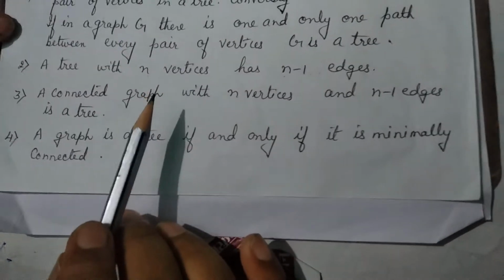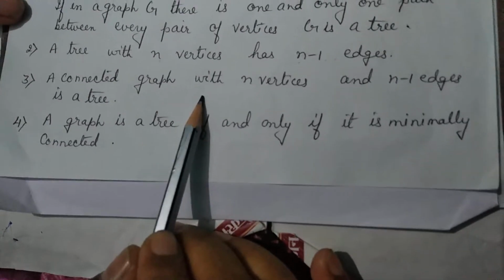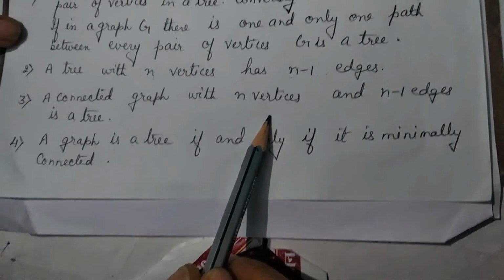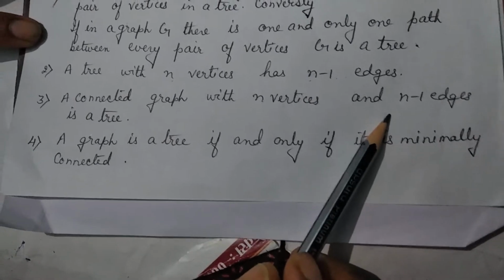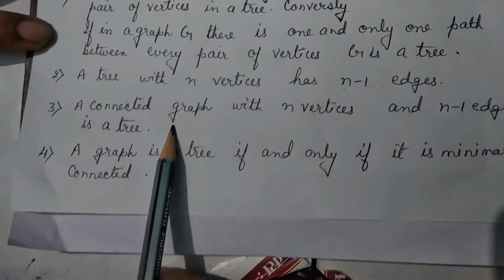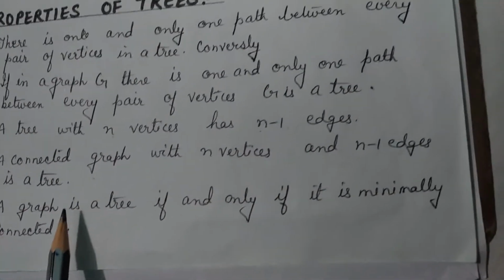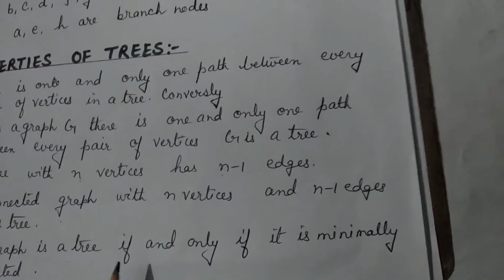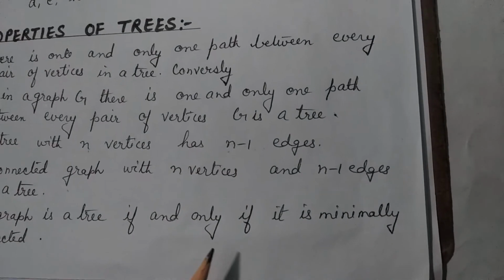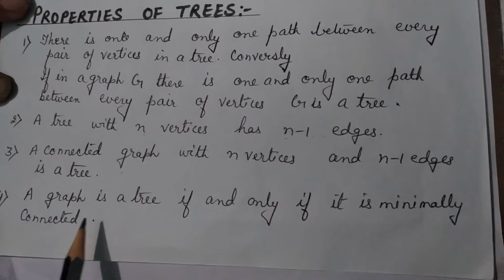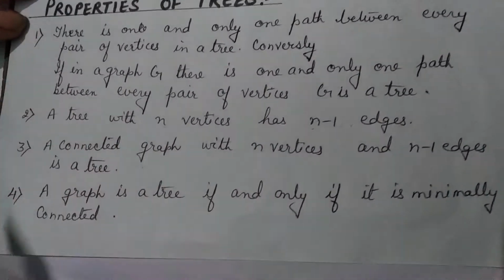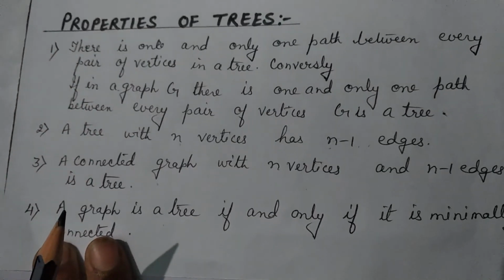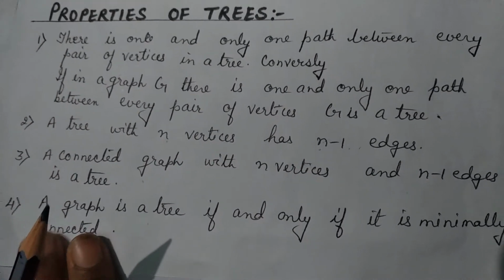Third one, a connected graph with n vertices and n minus 1 edges is a tree. Fourth one, a graph is a tree if and only if it is minimally connected. So these properties we will discuss one by one.